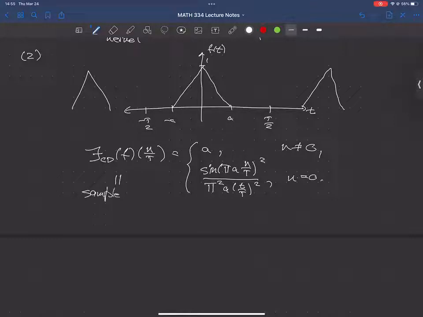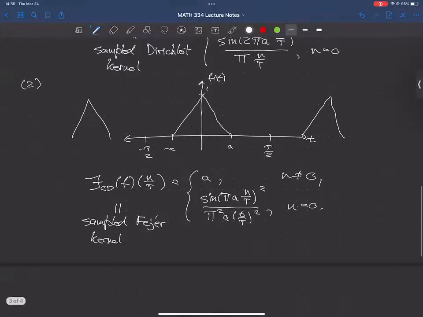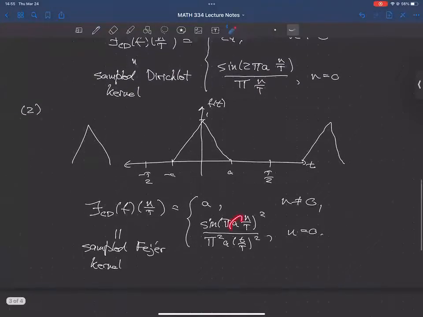This is now the sampled Fejér kernel. As we increase a, the frequency here increases, and the amplitude decreases as a grows. But again, you're bounded by T over 2 in terms of how big a can be.